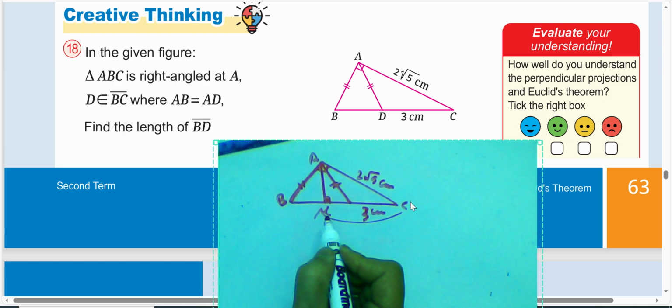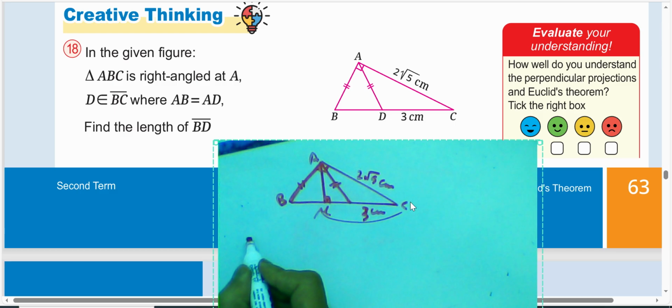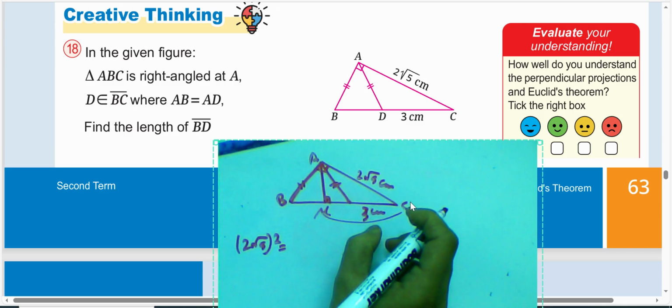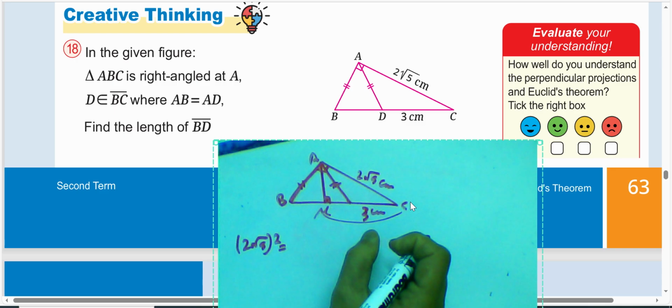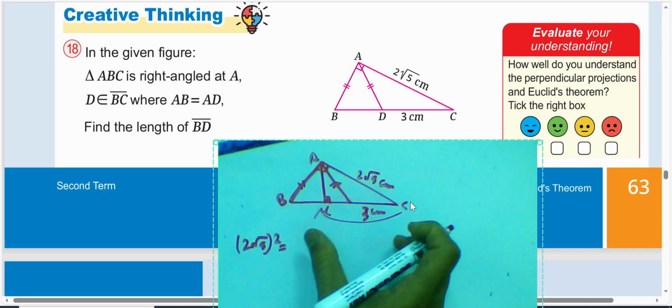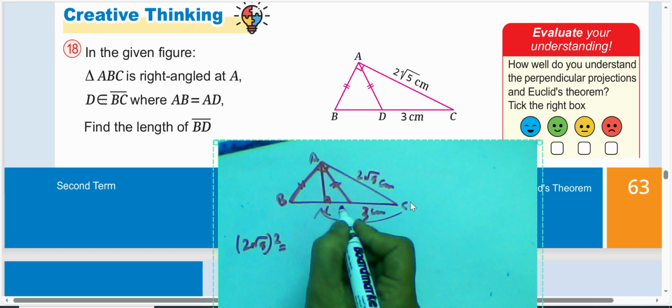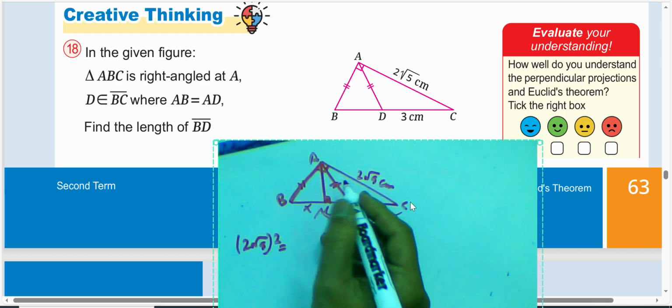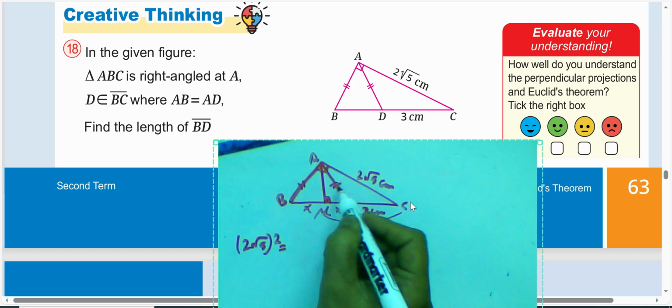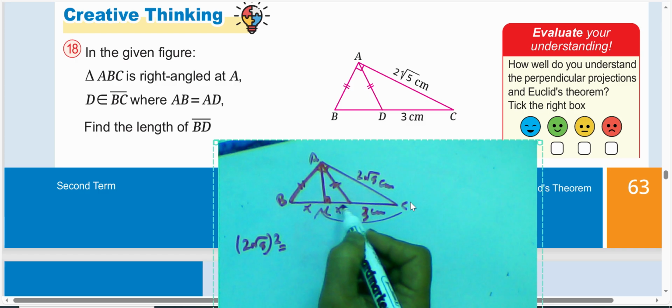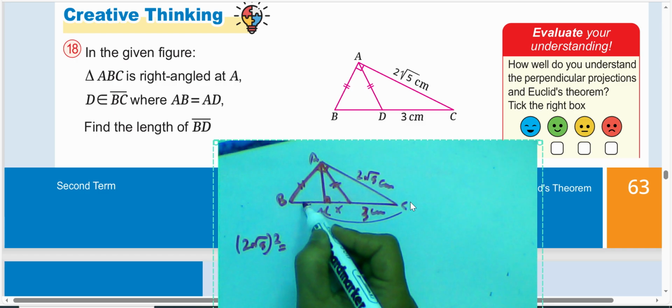I put here M. We can write 2 root 5 power 2 equals this line segment about the triangle, the conjunct. Look here, x and x, they are equivalent because it will be perpendicular. We have an isosceles triangle, then AM is perpendicular to the base and bisects it. This base equals this length.